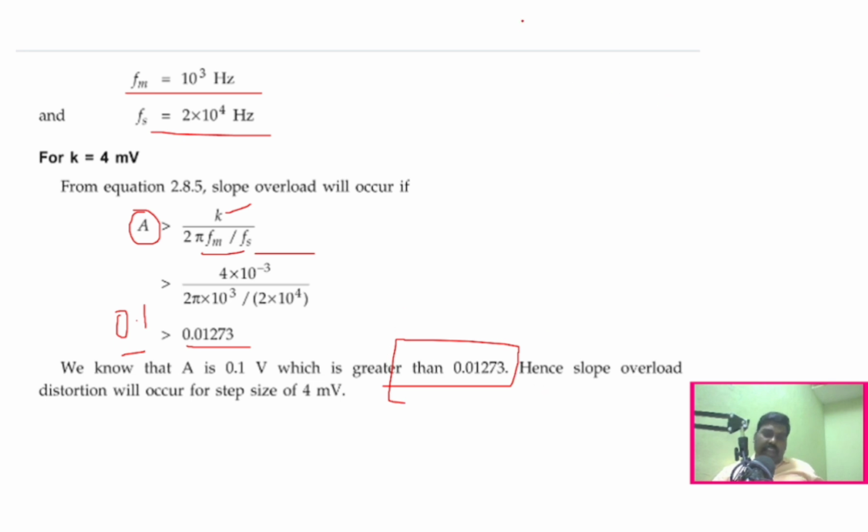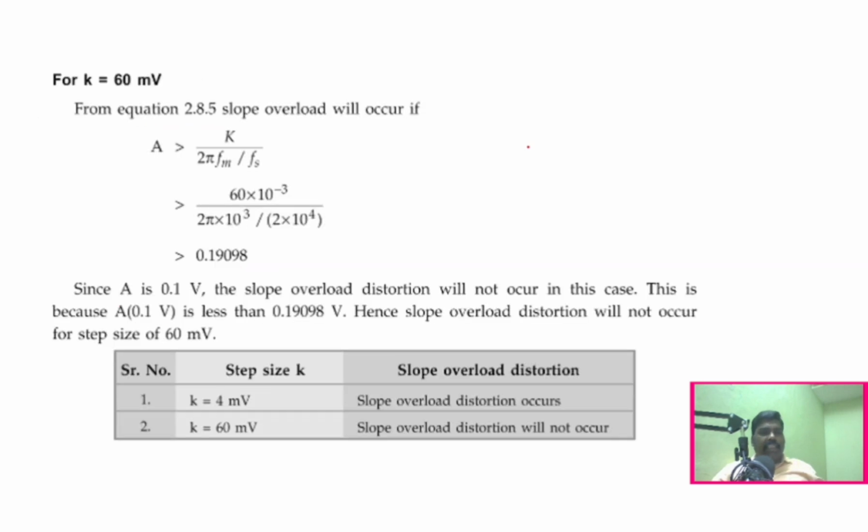Because we have already explained, slope overload error will happen if the input signal's slope is greater than that of the approximated signal, that is, greater than the step size. So you can see here that the step size of the delta modulator is lesser than this one. Now what is the other condition they have given? K is equal to 60 millivolts. The same thing, with the fm value and Ts value, you obtain 0.19, which is greater than 0.1.